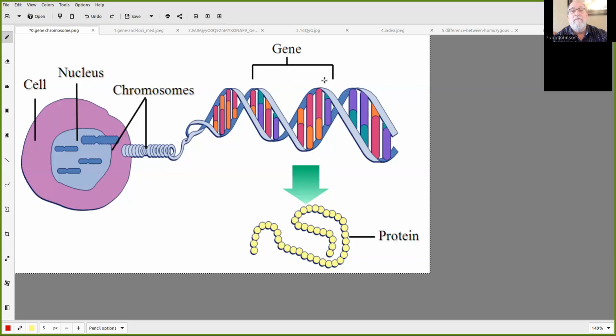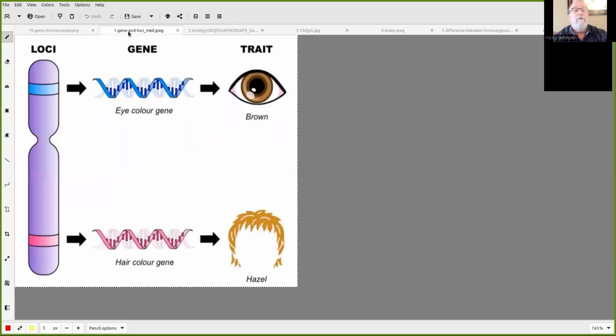So keep in mind, this is a gene, all right? It's just a piece of DNA that's on one of the chromosomes here. And that DNA, that little piece I'm talking about, is going to be something that carries information for making a protein.